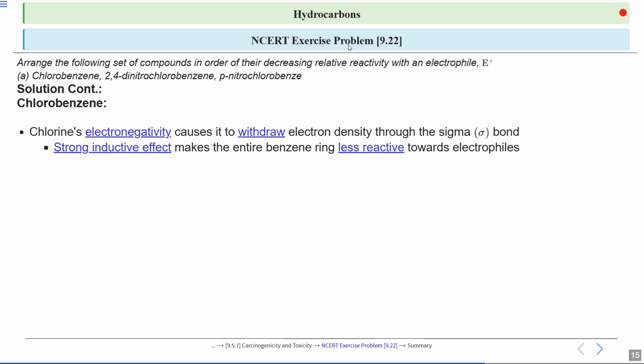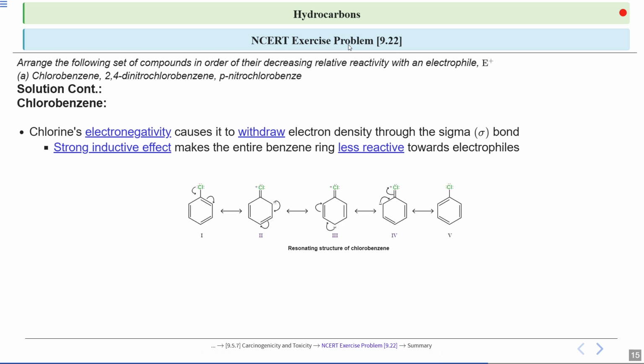Now, the strong inductive effect from chlorine decreases the overall electron density of the ring, making it less reactive towards electrophilic attack. This is important because electrophiles are more likely to react with rings that have higher electron density. Here is the way to display the opposite part. You can see here that the chlorine is also donating electrons onto the ring. So, they are doing two things but in opposite directions.